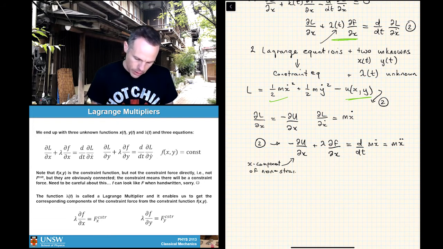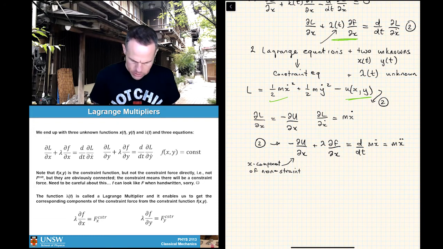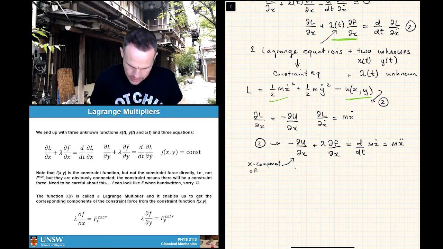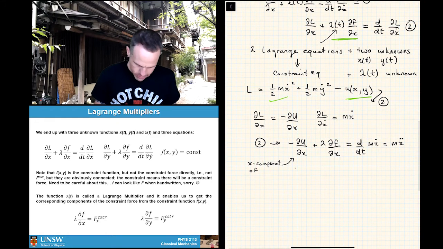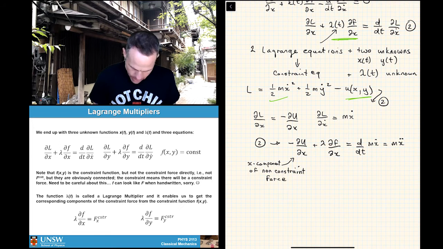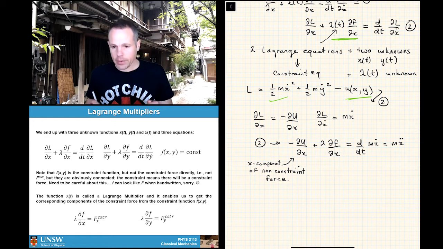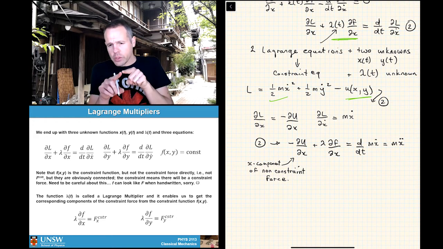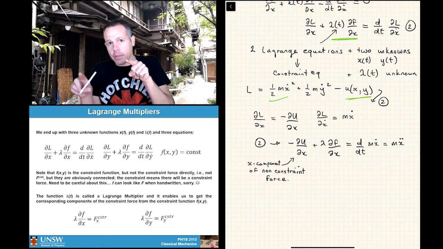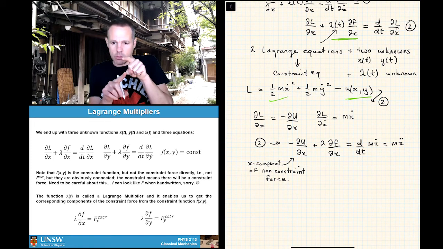So this is just the x component of our non-constraint force, because you'll notice that when we write the potential, we relate it to forces that are not constraint forces, right?